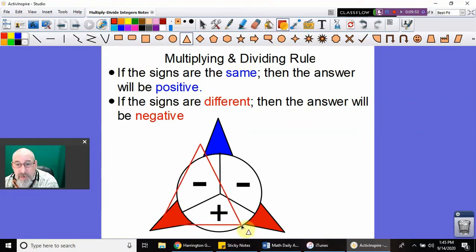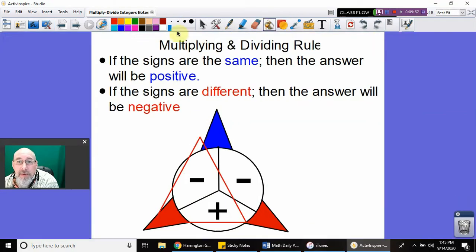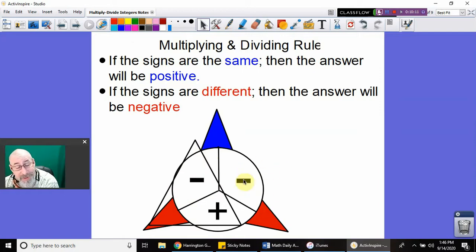Alrighty. So here we have our circle. If I have a negative times a positive, so that's my multiplying triangle, then my answer, of course, is a negative answer.